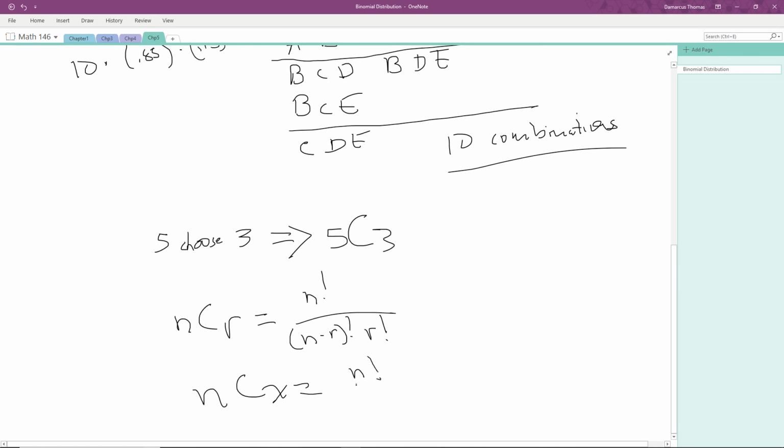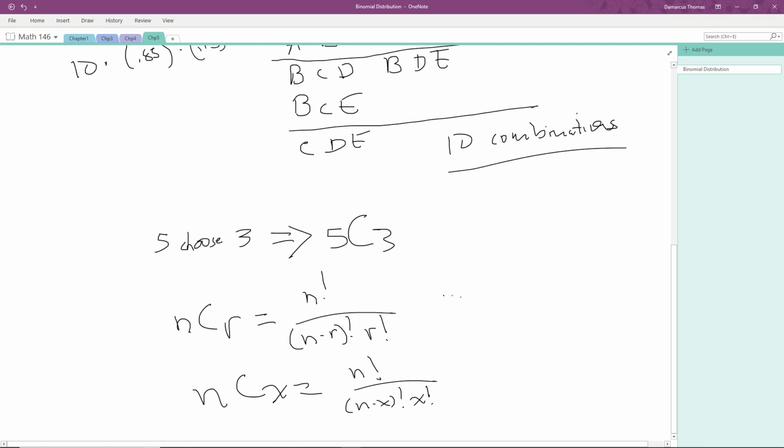Again, n factorial over n minus x factorial times x factorial. So those are the different cases. We got n choose r, and we also have n choose x. And so by definition, this is how it works.